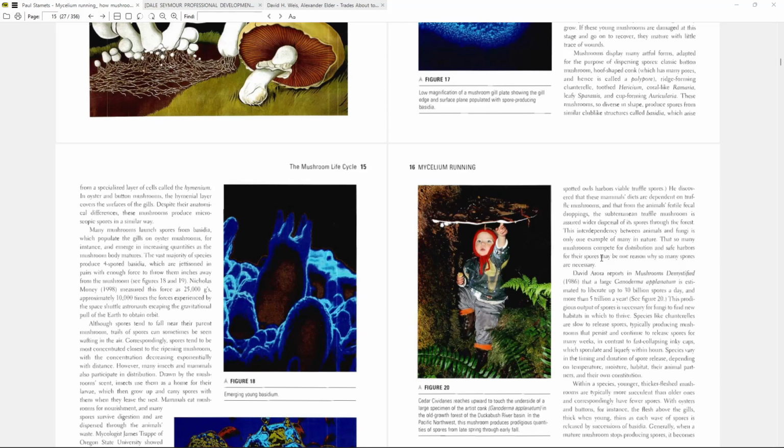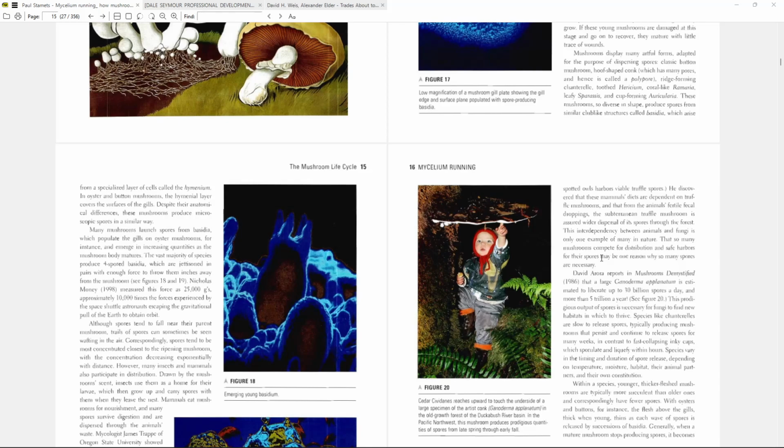In oyster and button mushrooms, the hymenial layer covers the surface of the gills. Despite their anatomical differences, these mushrooms produce microscopic spores in a similar way. Many mushrooms launch spores from basidia, which populate the gills on oyster mushrooms, for instance, and emerge in increasing quantities as the mushroom body matures.